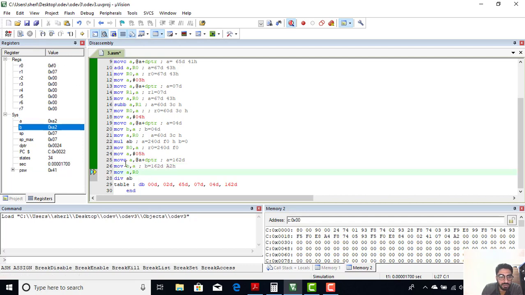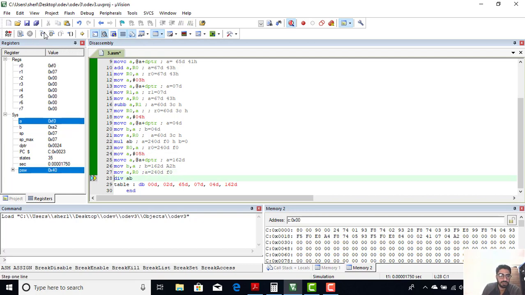It will be moved to B, and now we will give A again the previous value, which is the accumulator, F0. Just move it and see.